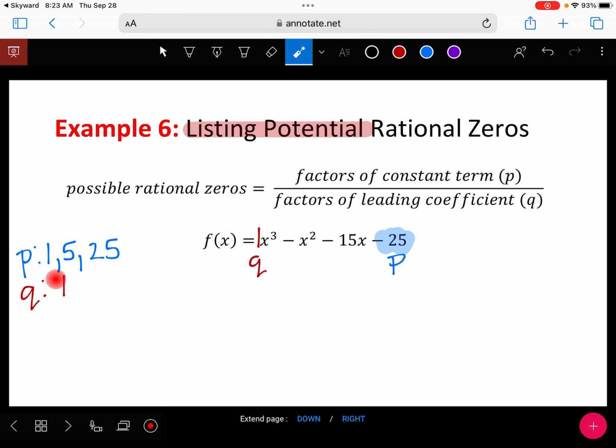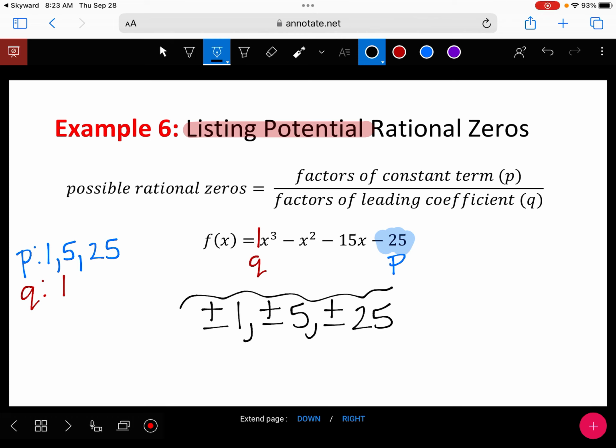So that would be 1 divided by 1, 5 divided by 1, and 25 divided by 1. But it could also be positive or negative. So my possible zeros are positive and negative 1, positive and negative 5, and positive and negative 25.